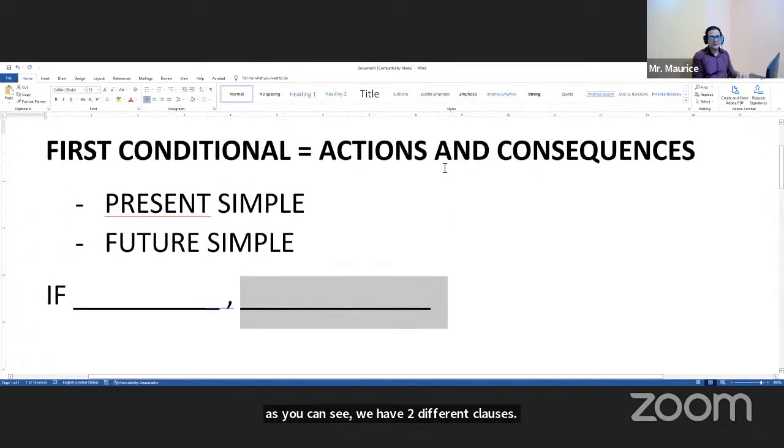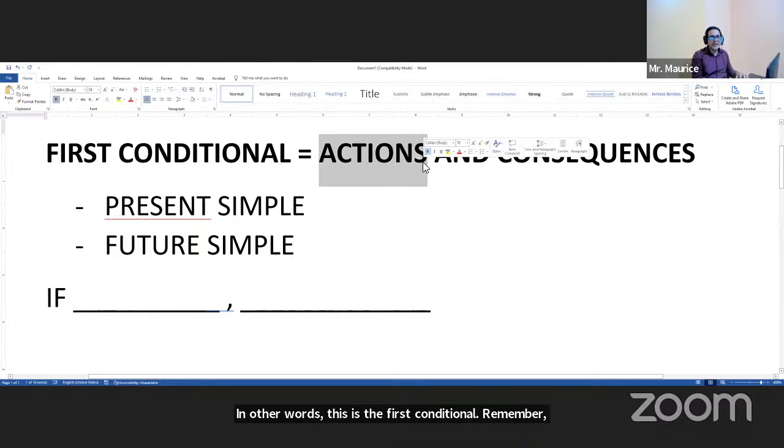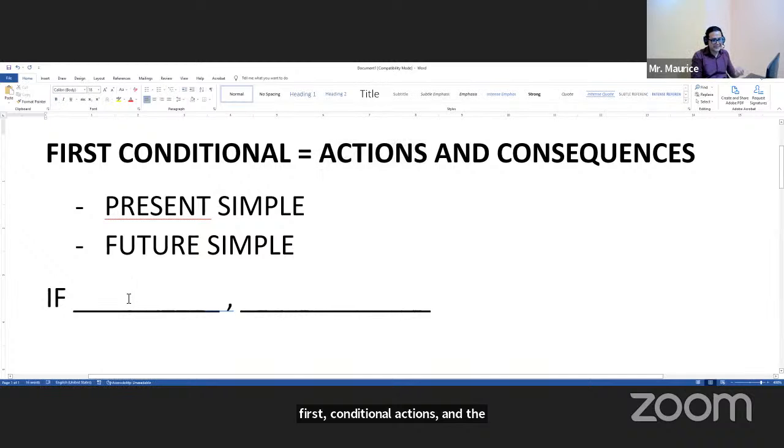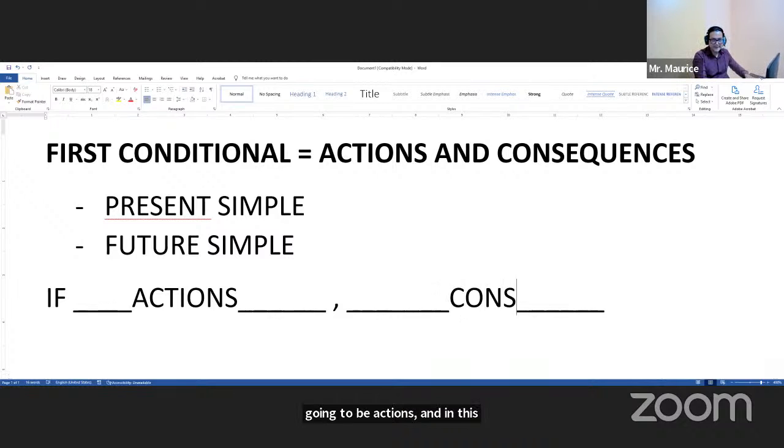In other words, this is the first conditional. Remember, first conditional, actions and the consequences. In the first part, clause number 1, it's going to be actions. And then this clause will have the consequences.